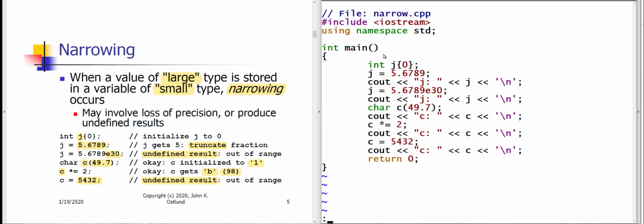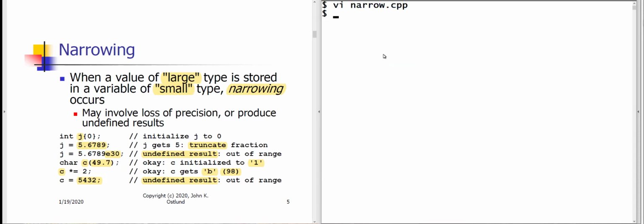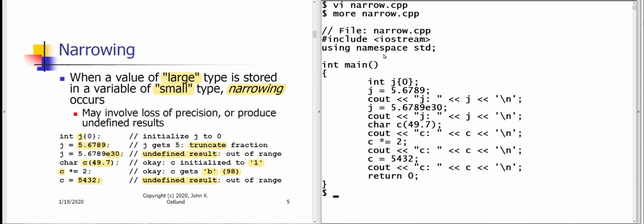So let me save this and quit from the editor, :wq. Let me just display the file to confirm that it contains what I want. All right, looks good. Now let me compile this thing. I want the name of the executable program to be narrow, and narrow.cpp is the code file.